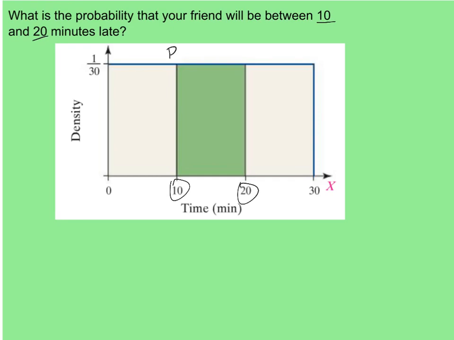The base of that rectangle from 10 to 20 is a distance of 10, and the height of that rectangle is 1/30. 10 times 1 over 30 is 10 over 30, which I could simplify to 1/3, or write as 0.33 repeating, or as 33 1/3%. I could write that a lot of different ways.